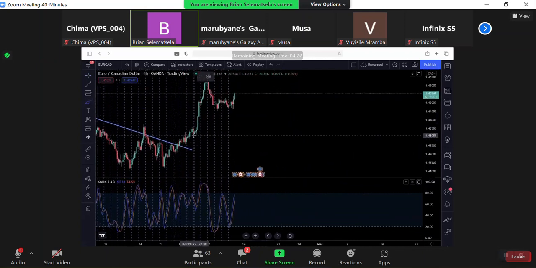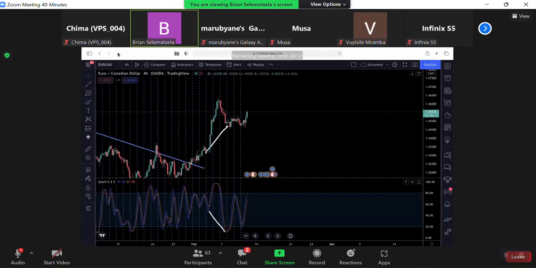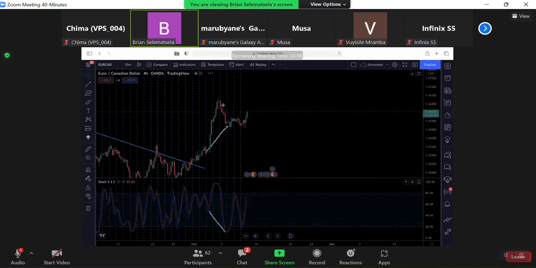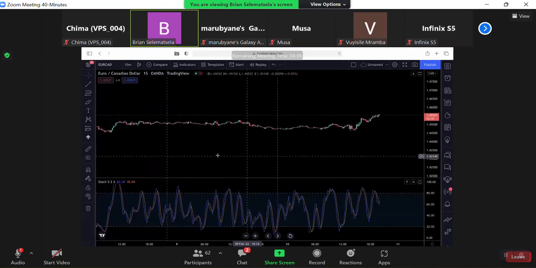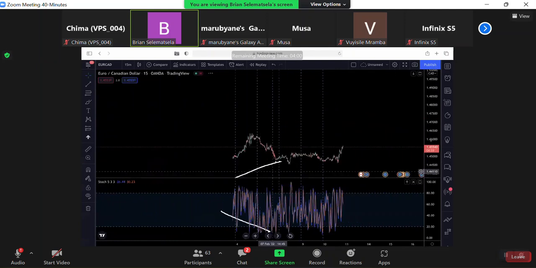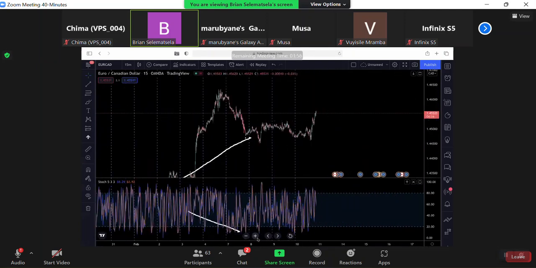If you compare this point to that point, this point to that point, you will see that it had to go up from here. So now going into a minor detail, let's say 15 minutes, we'll be able to spot a footprint that will be indicated. There's no way it is not going to form.